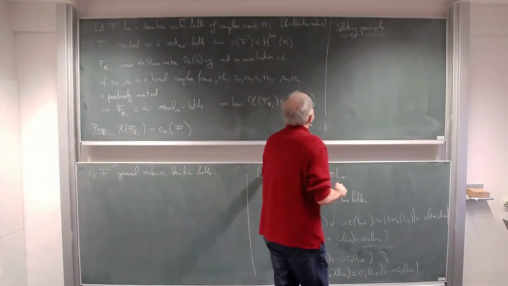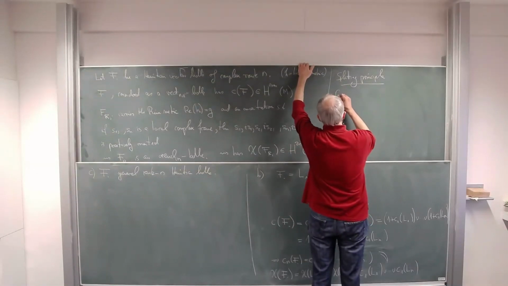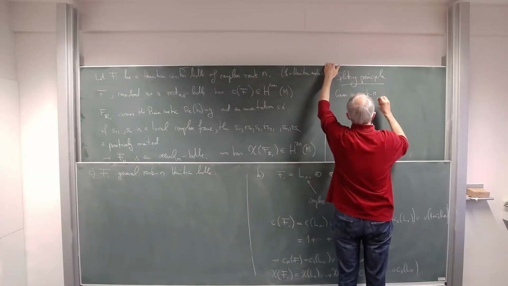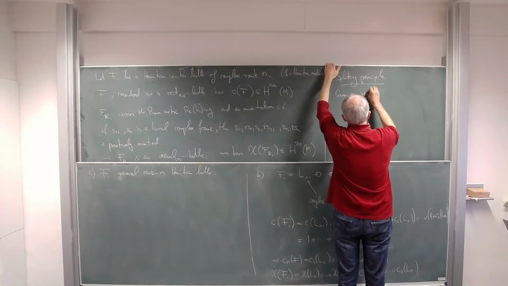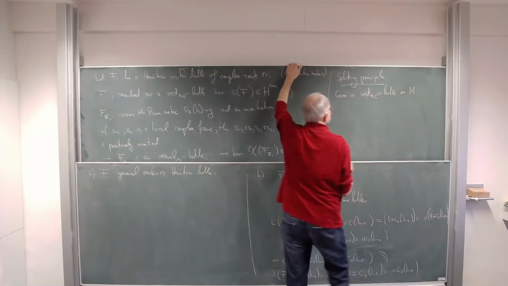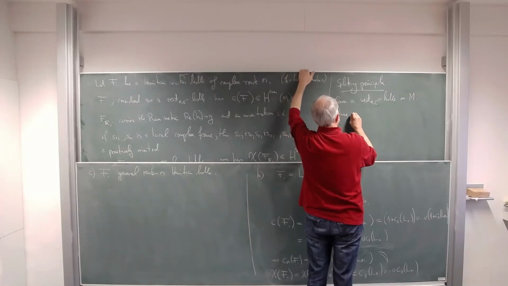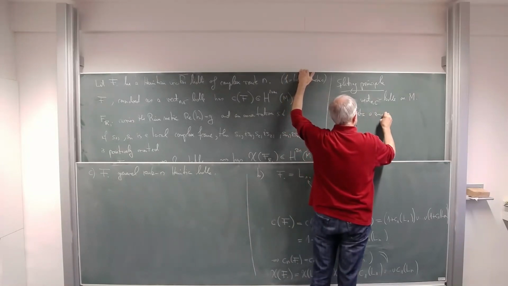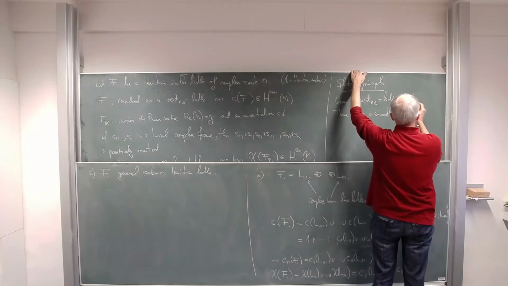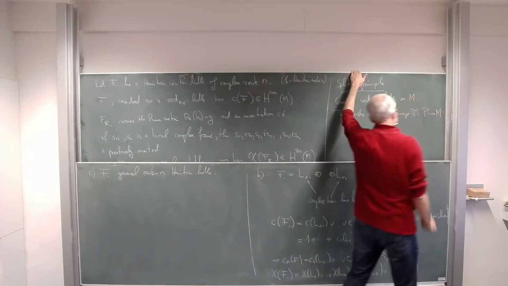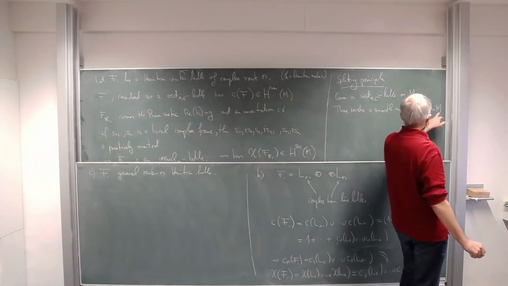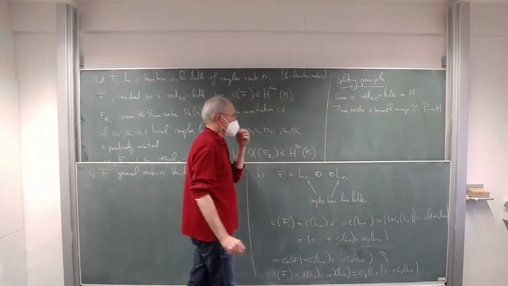More precisely, given a rank n, or let's say a complex vector bundle on a manifold M, then there exists a smooth map pi from some other manifold P to M. So P is some other manifold of higher dimension than M. In fact, this can be realized as a fiber bundle, but that doesn't matter really.